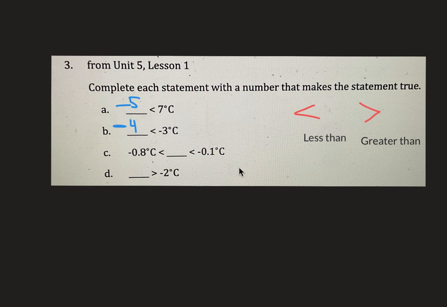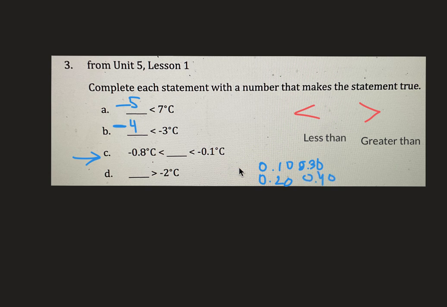Now this statement right here, part C, they're talking about a number that is in between -0.8 and -0.1. If you're counting by, imagine these are like dimes. That'd be like 10 cents, 20 cents, 30 cents, 40 cents, and so on.